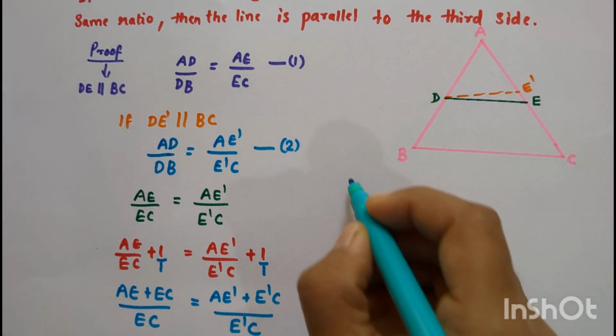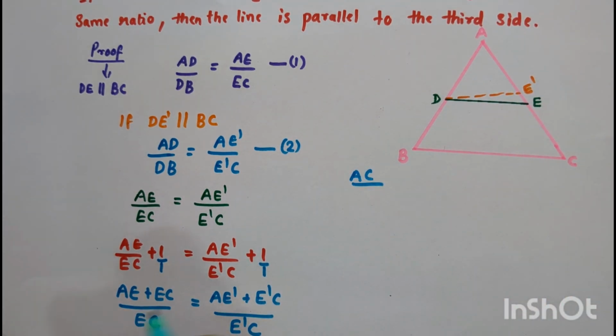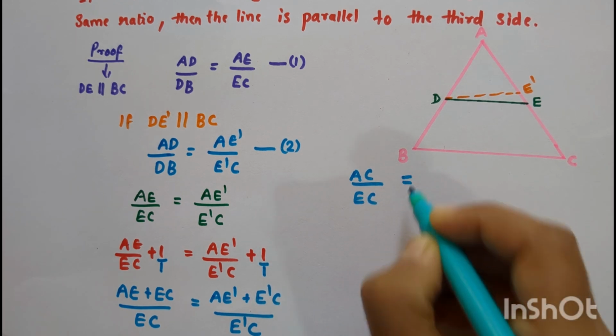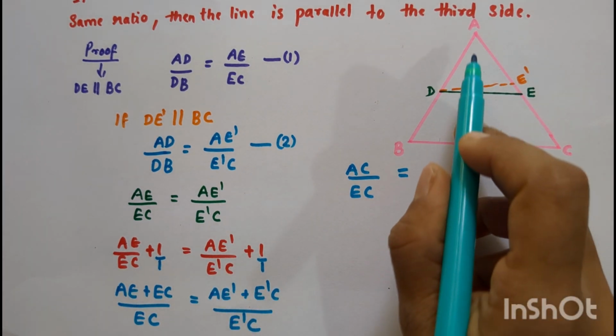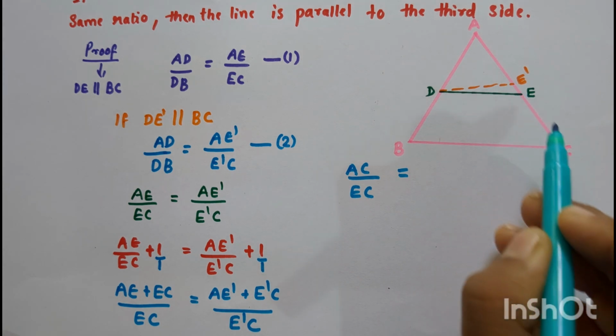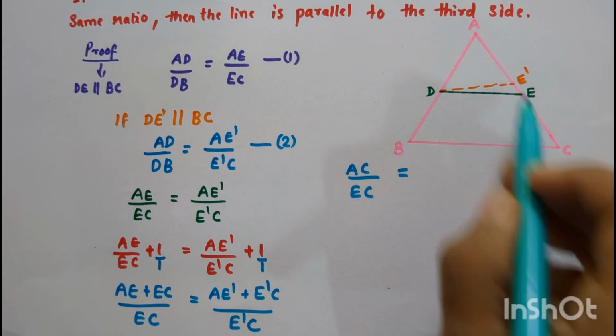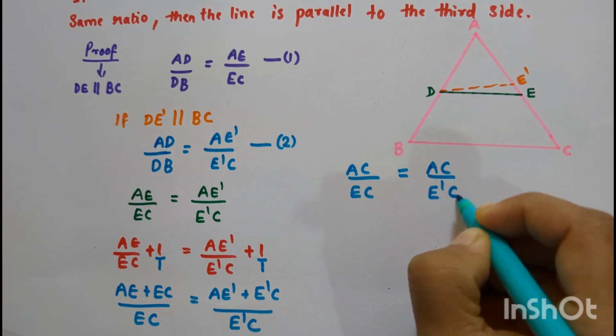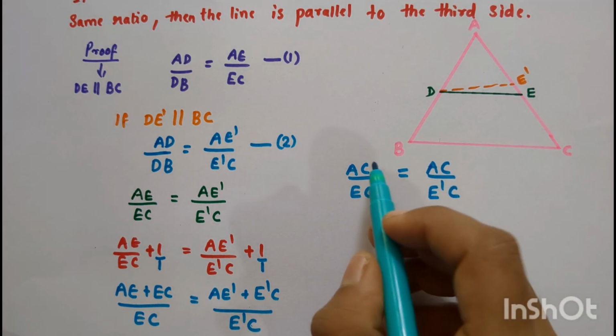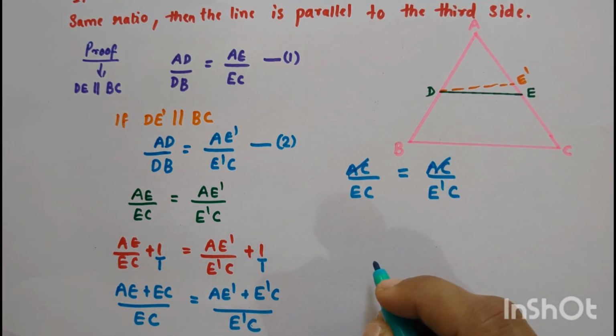So we can write AC divided by EC is equal to AE dash plus E dash C, which also gives you this side AC, divided by E dash C. So this AC and this AC can be cancelled.